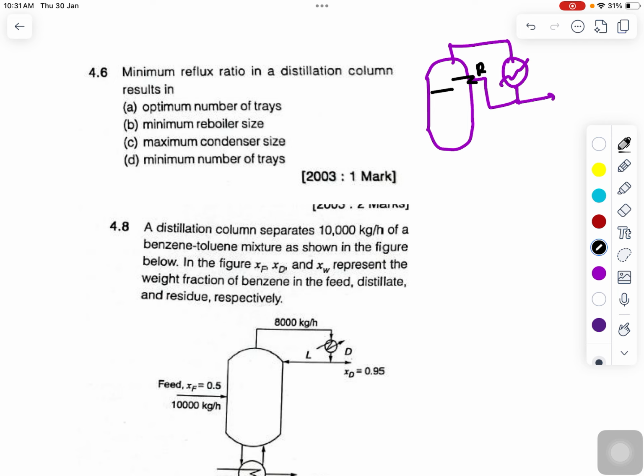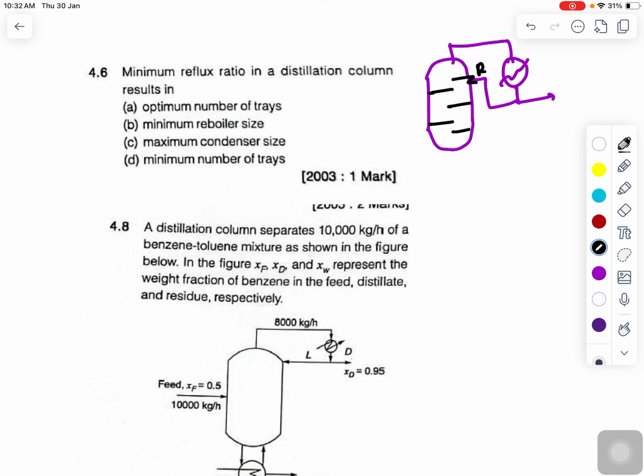So whenever reflux you are increasing, then it requires a minimum number of trays, and if reflux is decreasing, then what will happen? If minimum reflux ratio is there, then definitely it will require less number of trays to do the distillation.